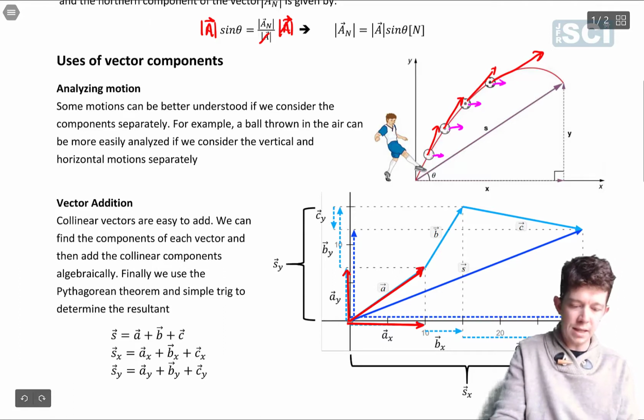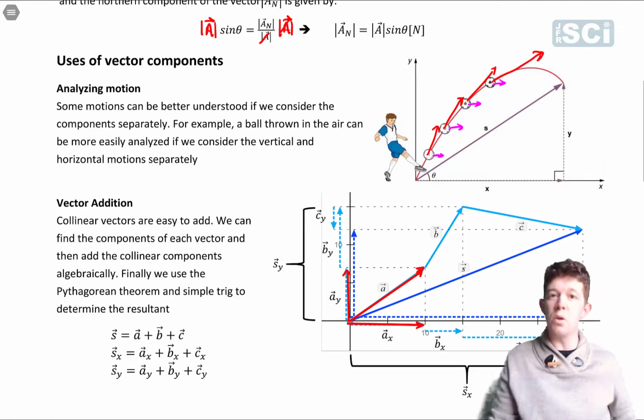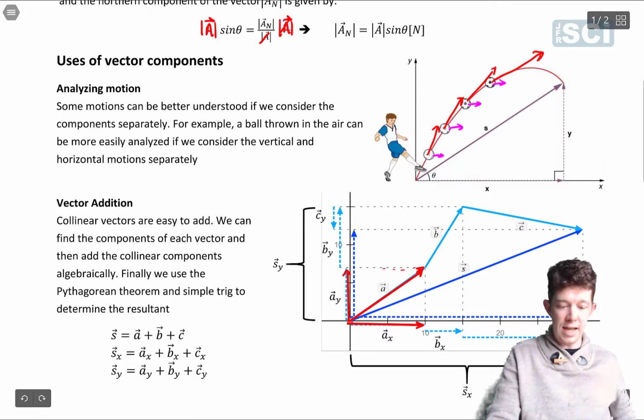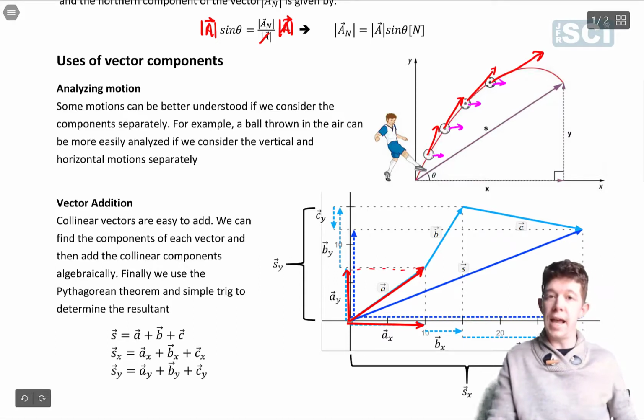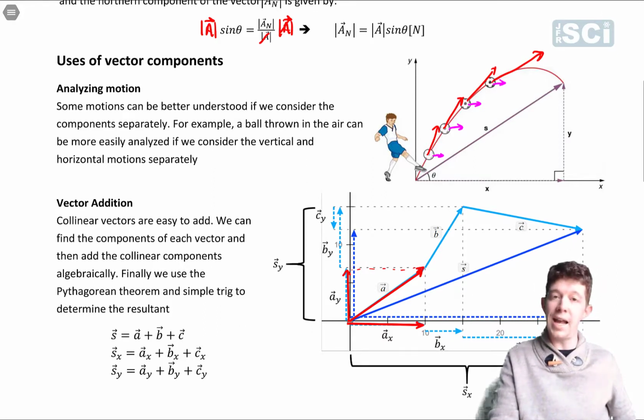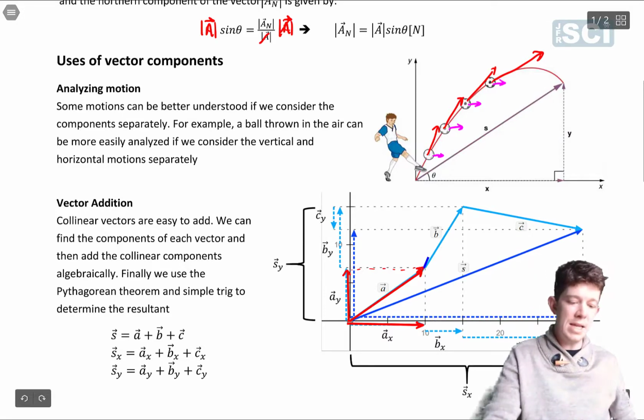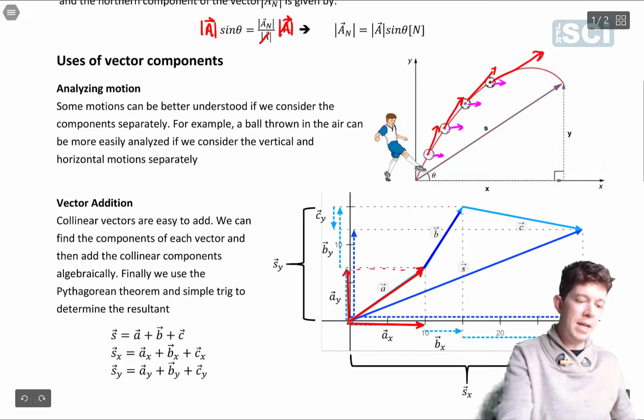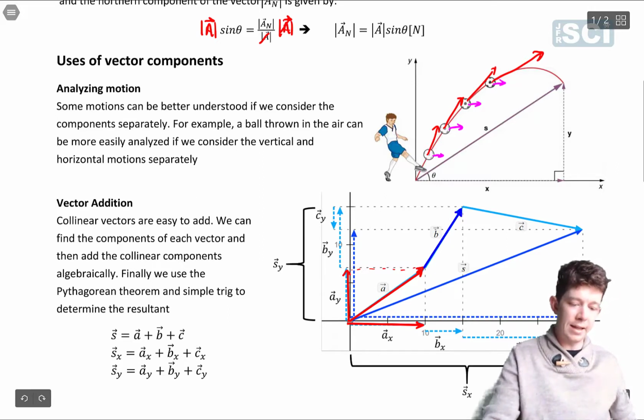So that gives me the X portion and the Y portion of A, because that's the height of A, the height of my AY vector. And this is the length of A in the X direction, so I call it the AX vector. If I look at B, B also has a length in the X direction.